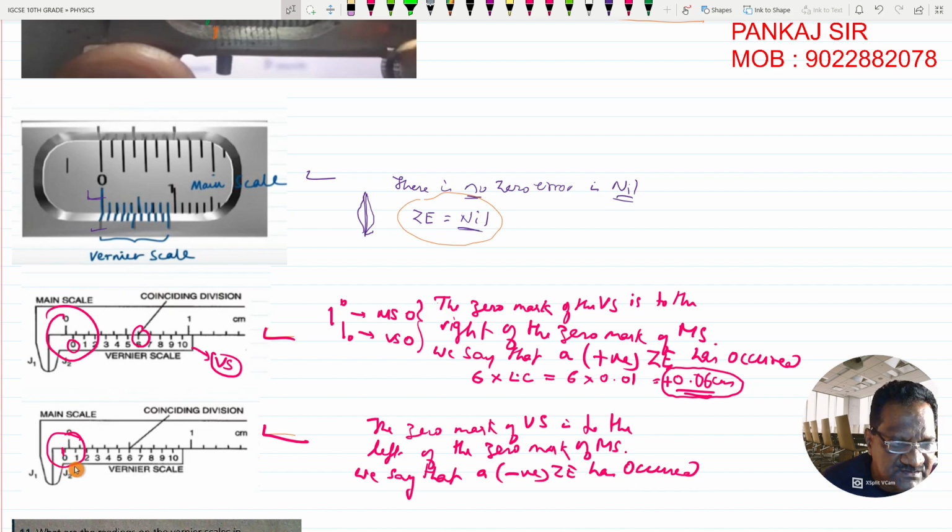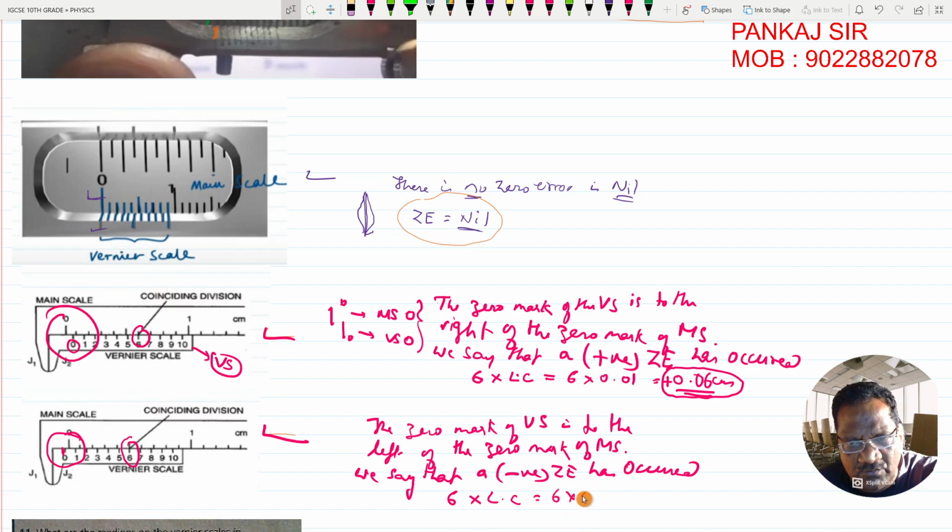The first division is also not coinciding. Second, third, fourth, and fifth are also not coinciding. In this case also, the sixth division of the vernier is in a straight line with the main scale division. So I will write that 6 over here, multiplied by least count, and least count happens to be 0.01.